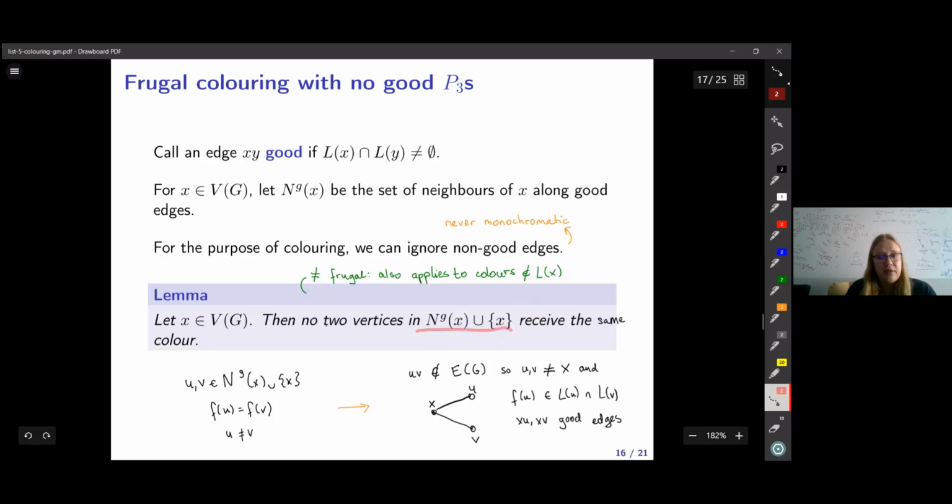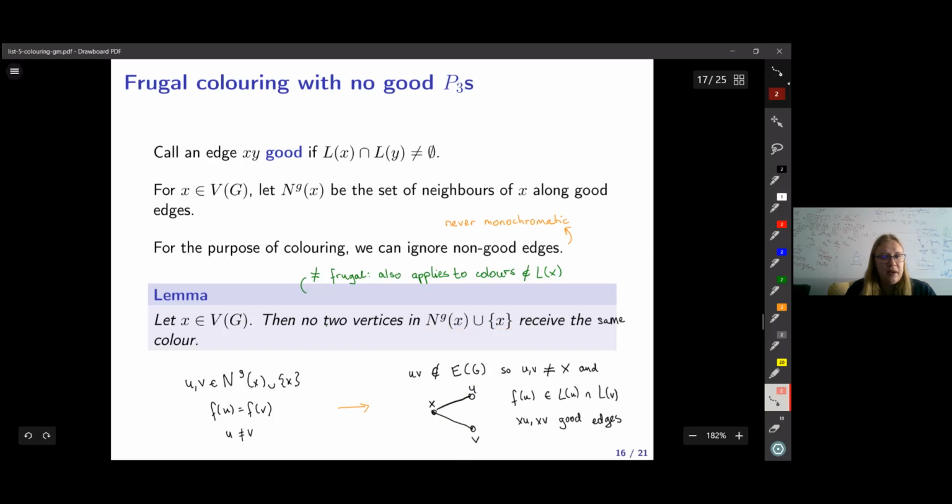But let's see why this is true. If I'm looking at two vertices that are in this set and receive the same color, then, well, neither of them is X, because each vertex here is either X or adjacent to X. But if two vertices receive the same color, then at least I know that they're non-adjacent to each other. So I have U, V say they receive the same color, and they're both neighbors of X along good edges.